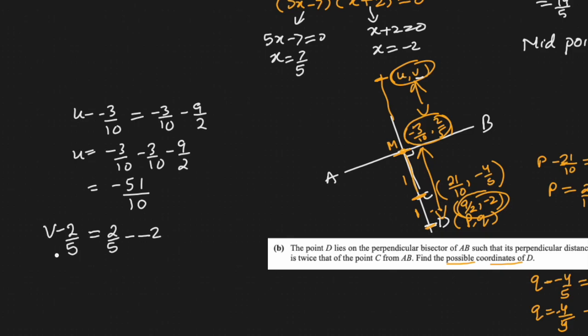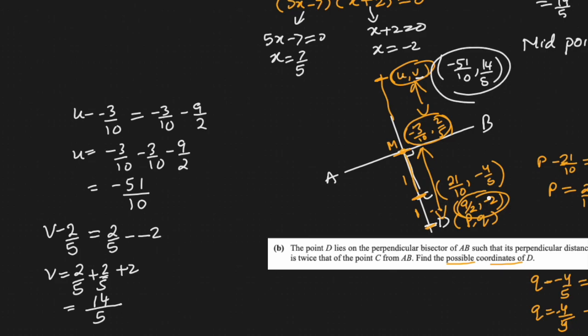Okay, so V equal to 2/5 plus 2/5 plus 2. So that comes out to be 5. 2 plus 2, 4, and then plus 10, 14 over 5. So these are the two possibilities. Minus 51 over 10, 14 over 5. This is one possible coordinate, and this is second possible coordinate.